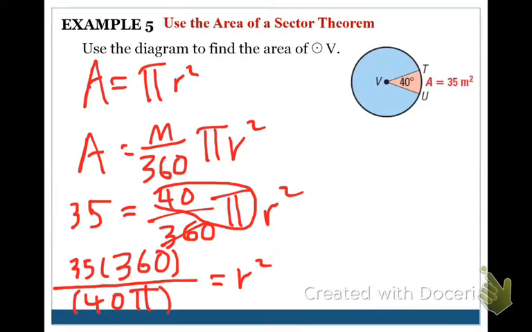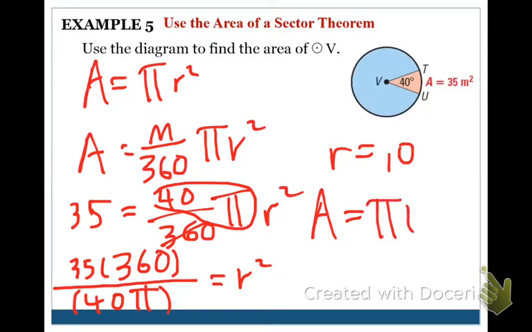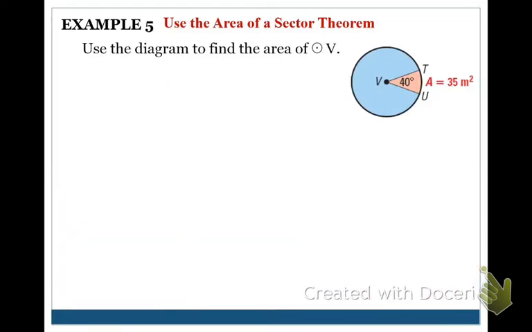You're going to take the square root of all this once you find it, so you get r equals 10. Then we plug into area equals pi r squared, so area equals pi times 10 squared, which is 100 pi meters squared. All right, any questions? Okay.